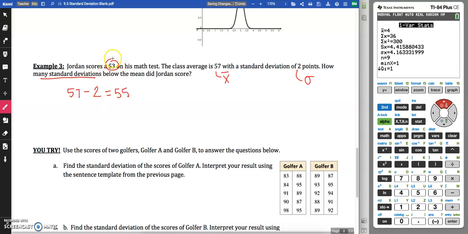Well, he scored 53. So let's see what happens if I do minus 2 standard deviations. Here's 1 standard deviation, here's the second one. Well, that equals 53, and that's his score. So that means I can say that he scored 2 standard deviations, I'm going to abbreviate here, below the mean.